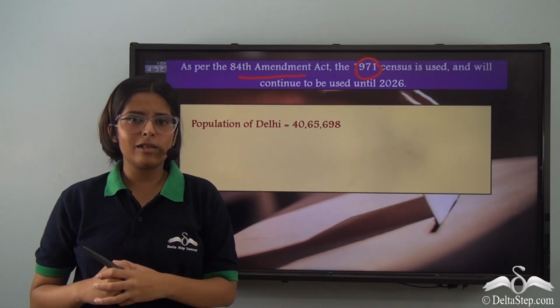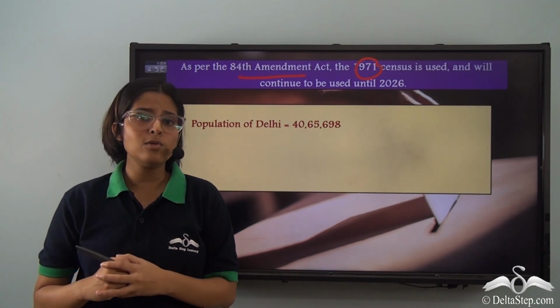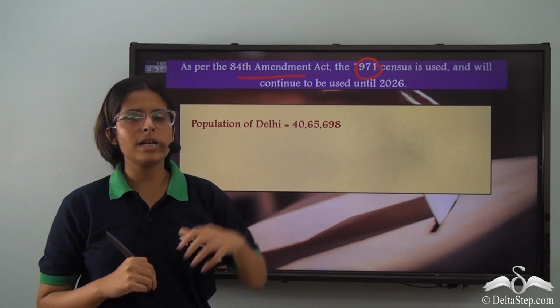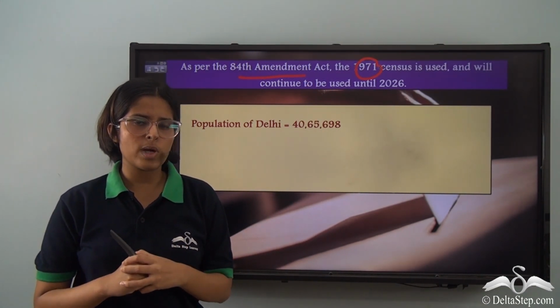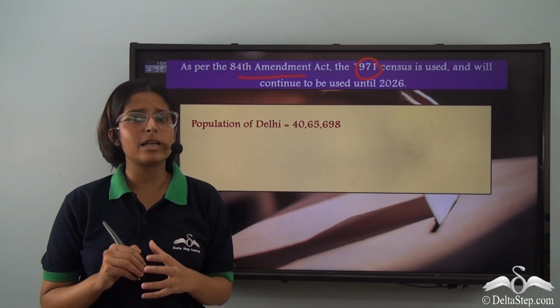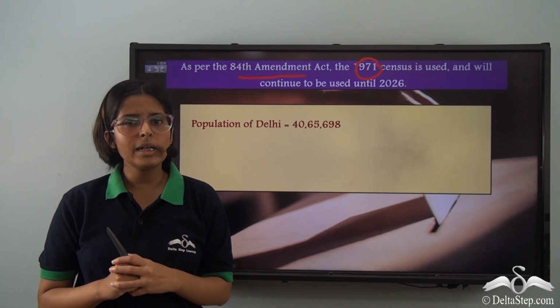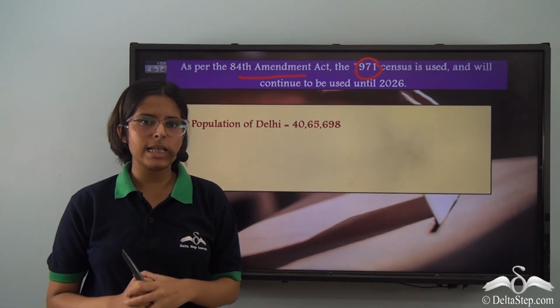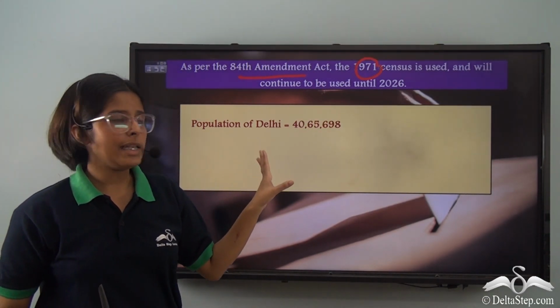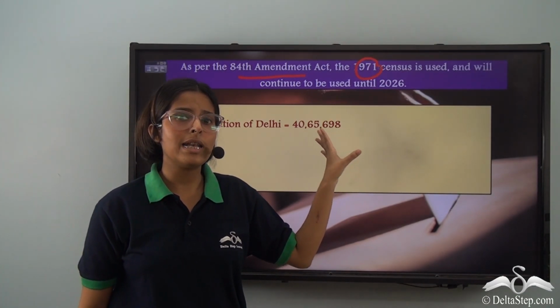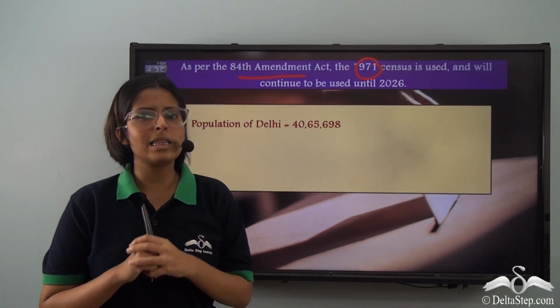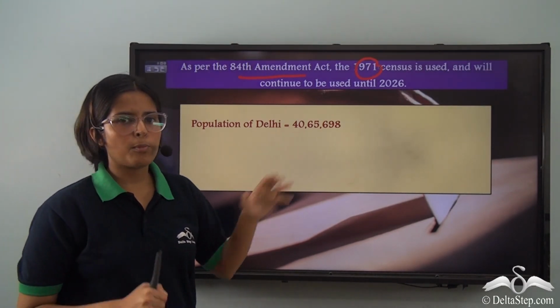So in this calculation, we will be using the values from the 1971 census. For example, as of 2021, the population of Delhi is around 3 crores. But in the 1971 census, the population of Delhi was 40,65,698. So we will be using this value.